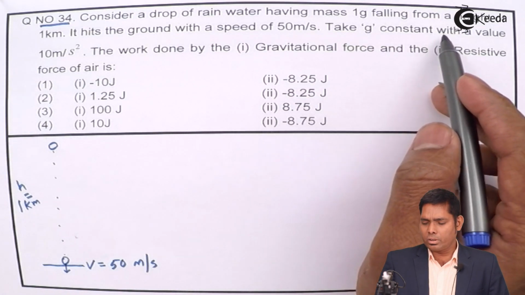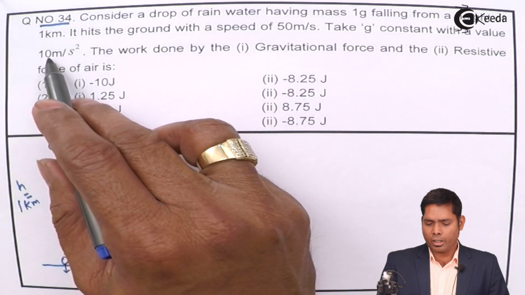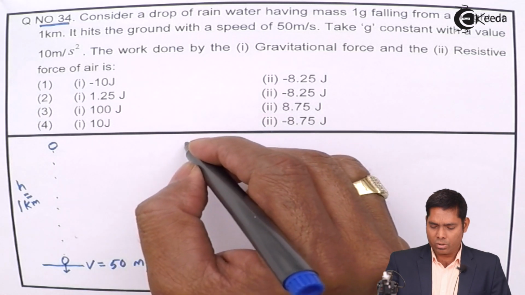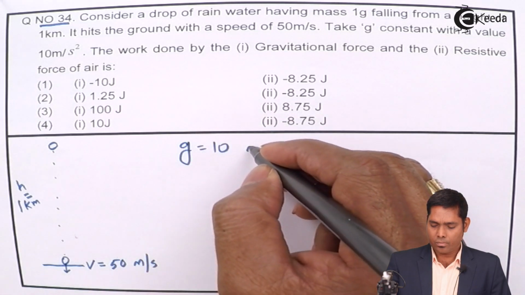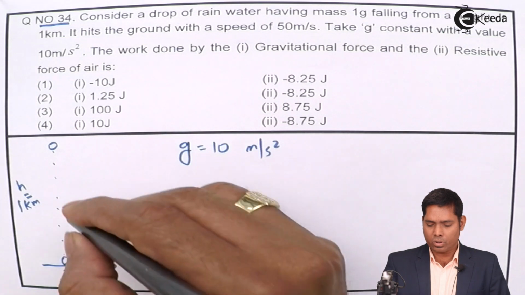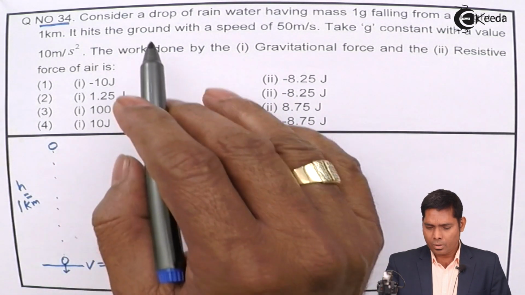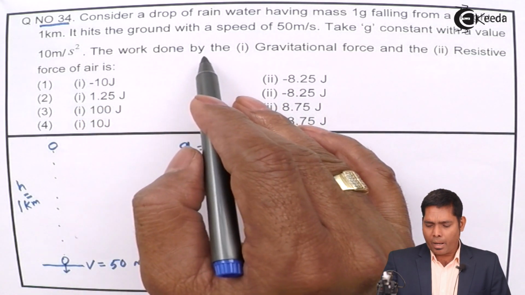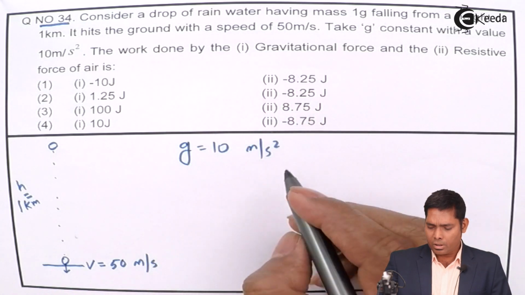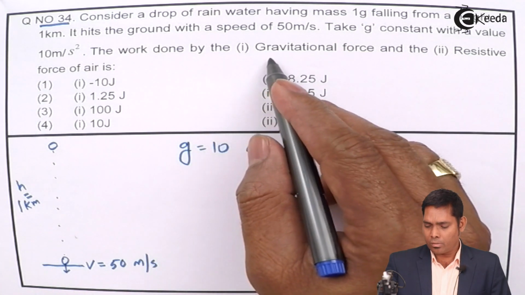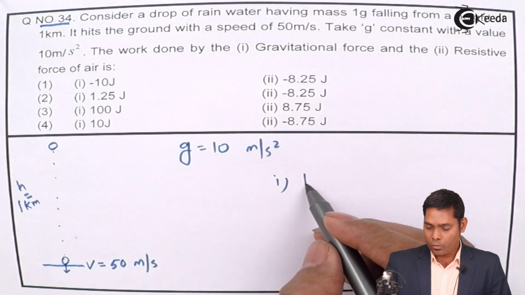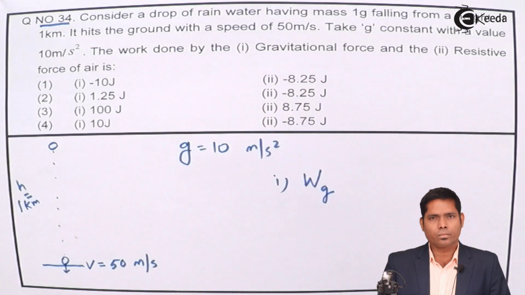If g is constant with a value of 10 meters per second square, the acceleration due to gravity is taken as constant throughout this path. The first question is to find the work done by the gravitational force, so work done due to gravity.